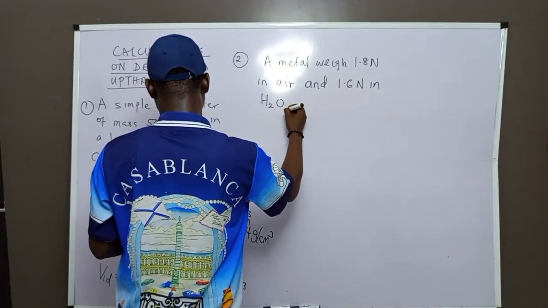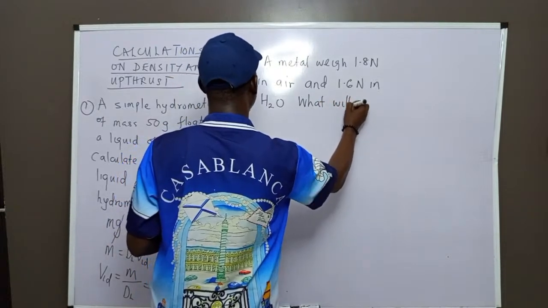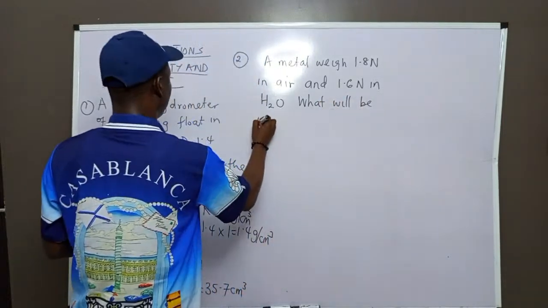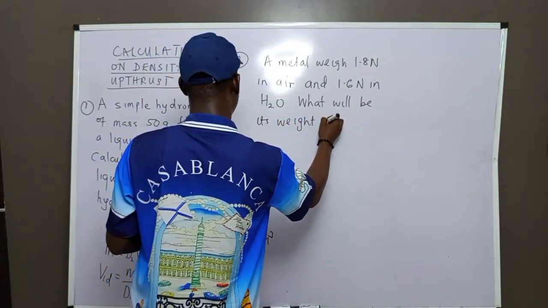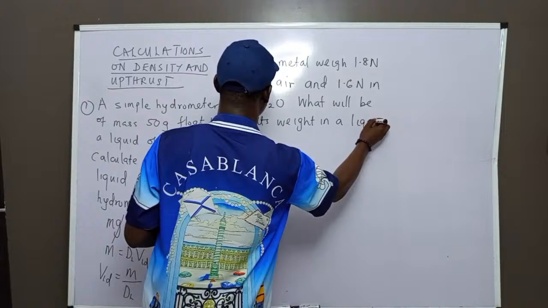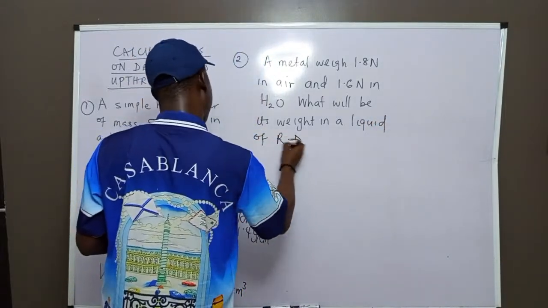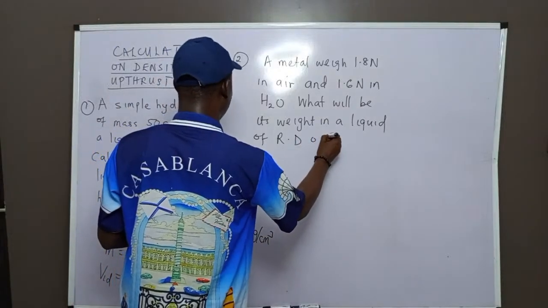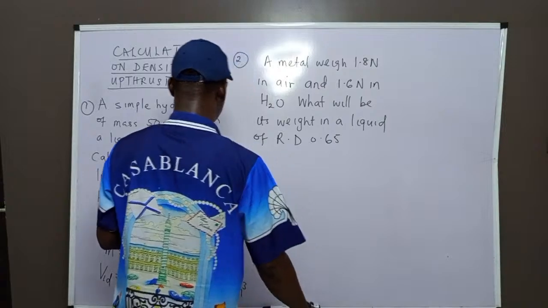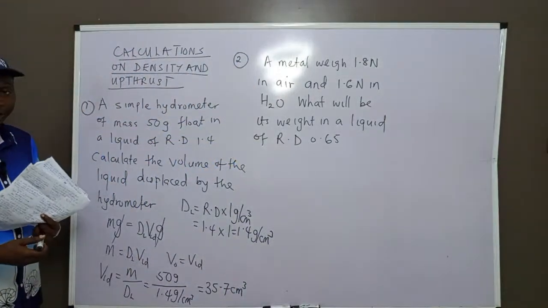He said what is, or what will be its weight in a liquid of relative density. Anytime you see me RD means relative density. Relative density is 0.65. Now this is the question number 2 that came our way.